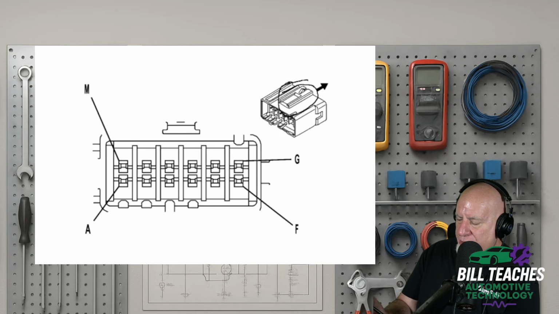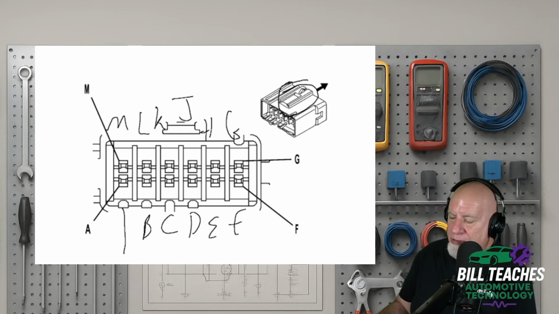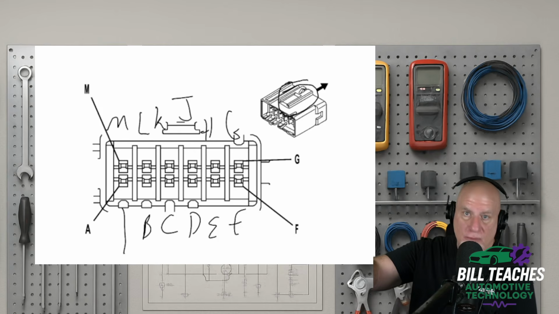That's the orientation we're looking at. And this is terminal A, B, C, D, E, F, G, H, J, because they don't use an I, K, L, and then M. Okay?